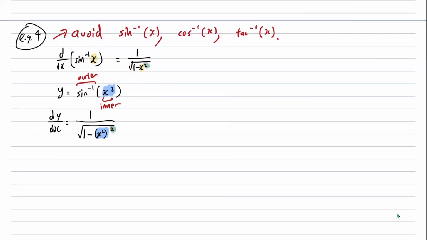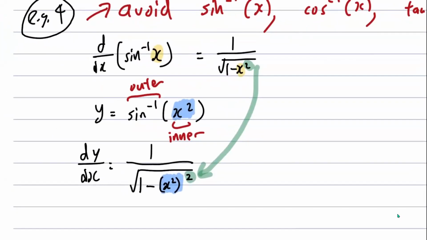It's separate. Should I change yellow to blue, or just keep it yellow? Maybe I should keep it yellow. Can you see what's going on? x becomes x squared. Good. But that's only the d outer, right? How do you d inner now?